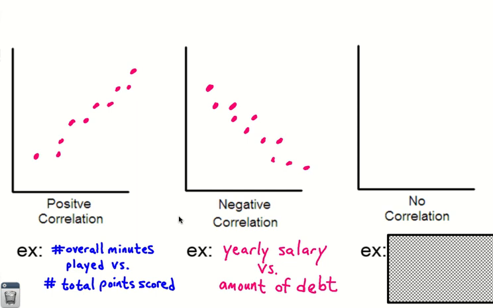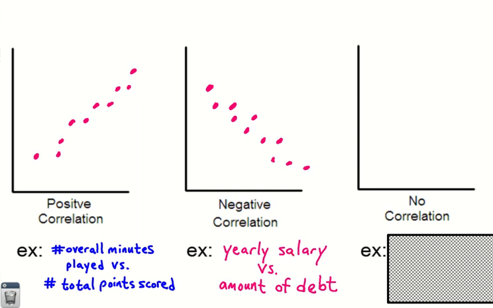I don't know, it's not cut and dry, but just for the sake of argument, let's go with this one: the higher salary you have, the less debt you probably have, and the lower your salary is, the higher amount of debt you could have. Now that doesn't have to be true, but let's assume that's true for at least a large percentage of the population.